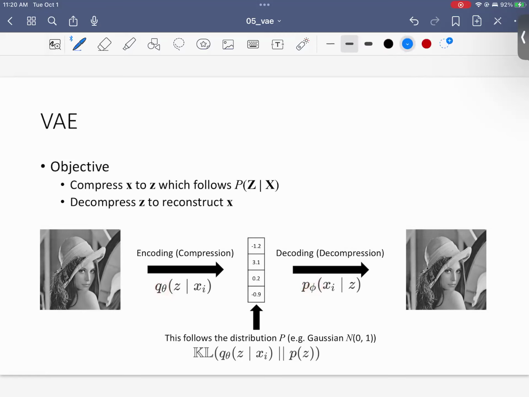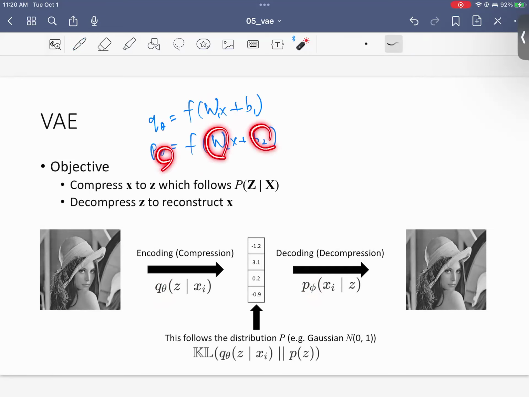If we turn back to our original autoencoder, this Q theta is just f(W1 X + B1), and these two will be the thetas. And obviously P phi goes the same: W2 X + B2, and now W2 and B2 are the phi, right?